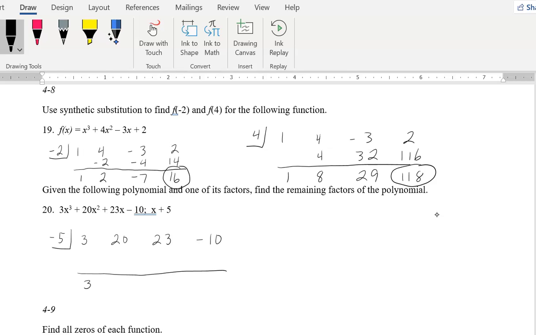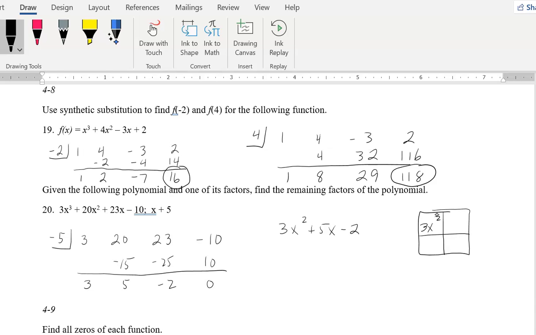So let's see. Bring down the 3, -15, that makes 5. -25 makes -2. 10, -10. Okay, so works out. So these numbers, since I divided into third degree, these numbers represent a second degree polynomial. And we want to see if we can factor this, and if we can, that will be the remaining 2 factors. So again, you might want to use the box method as your factoring method.